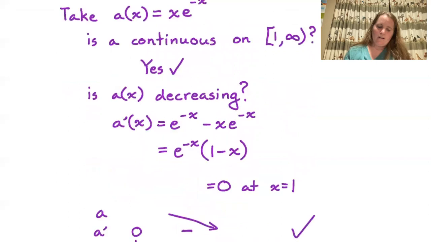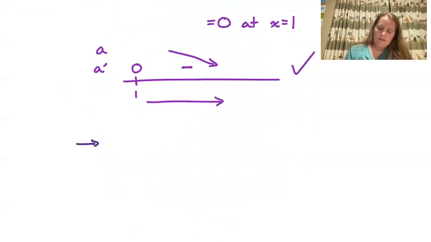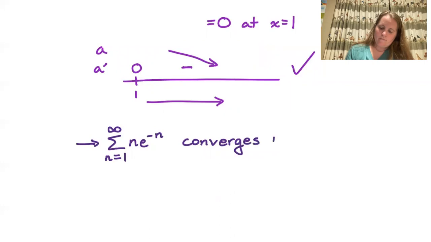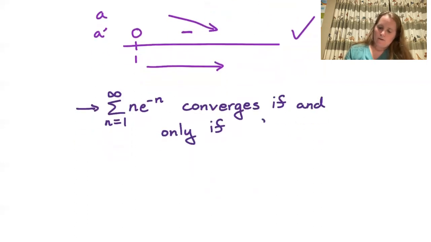So from here we have the sum from n equals 1 to infinity of n times e to the negative n converges if and only if the integral from 1 to infinity of x e to the negative x dx converges.